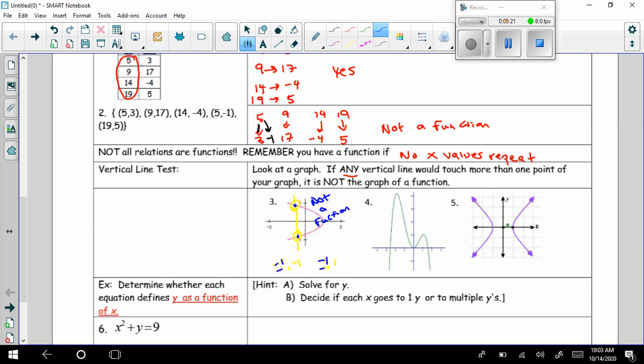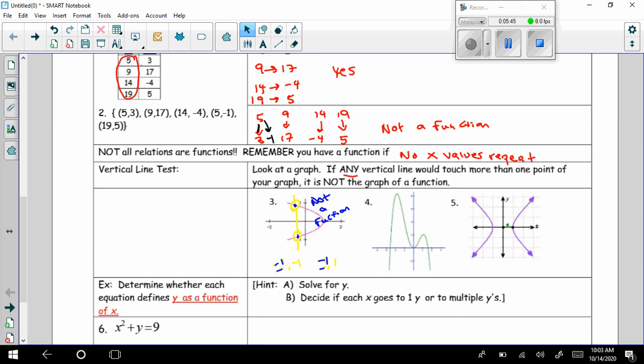Where this one, if I draw these vertical lines going here, even though it looks like when I get here that maybe this is horizontal, it is changing ever so slightly. Let me zoom in right now.